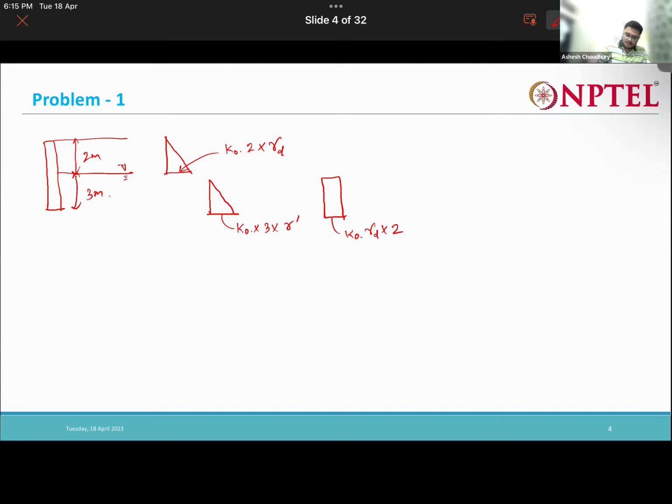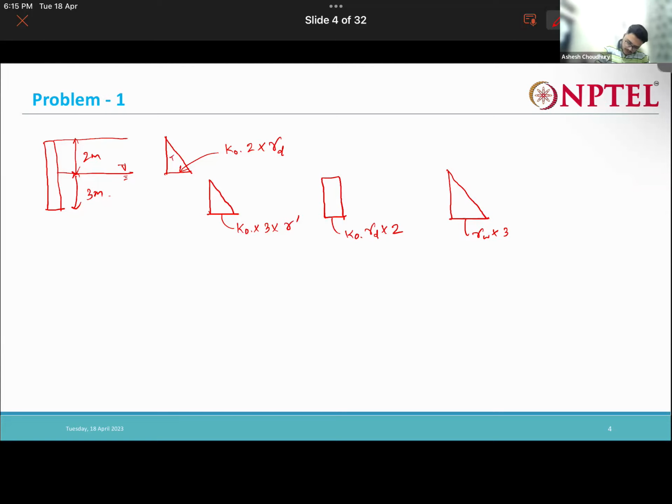Plus water pressure, gamma W into 3. Right? So let us calculate.